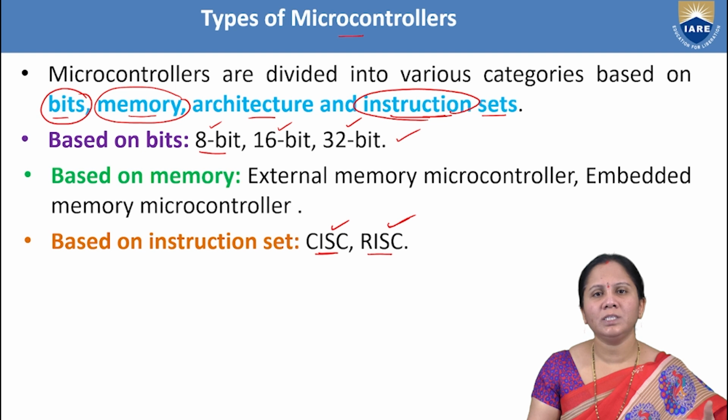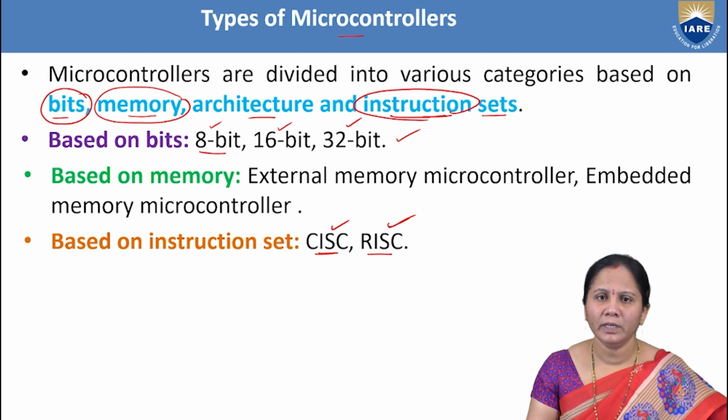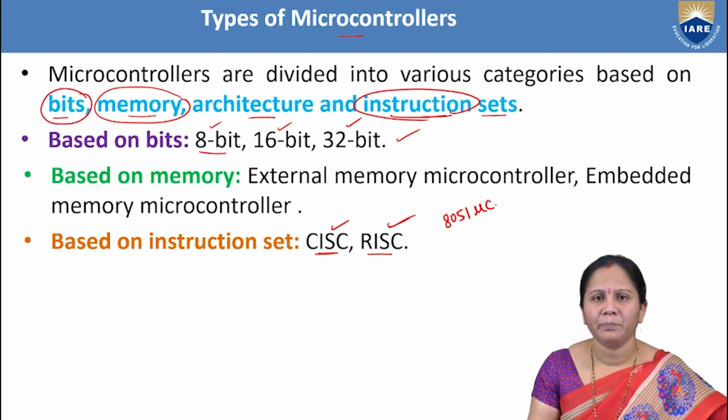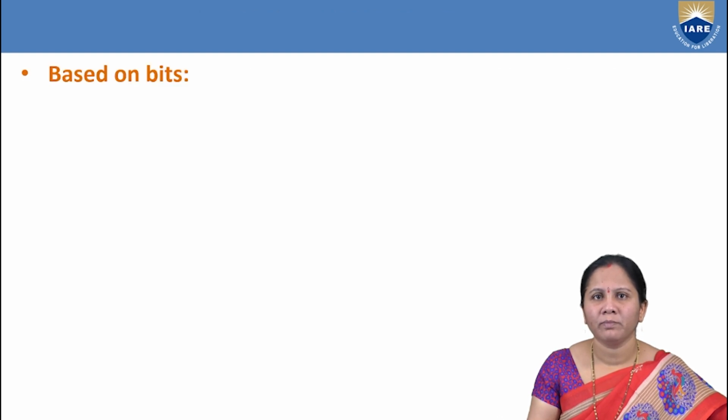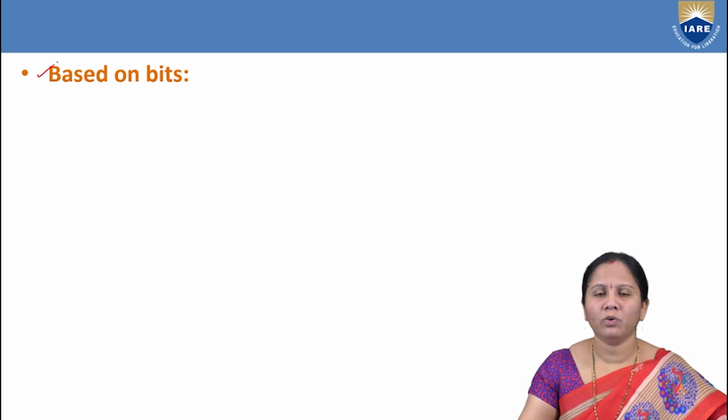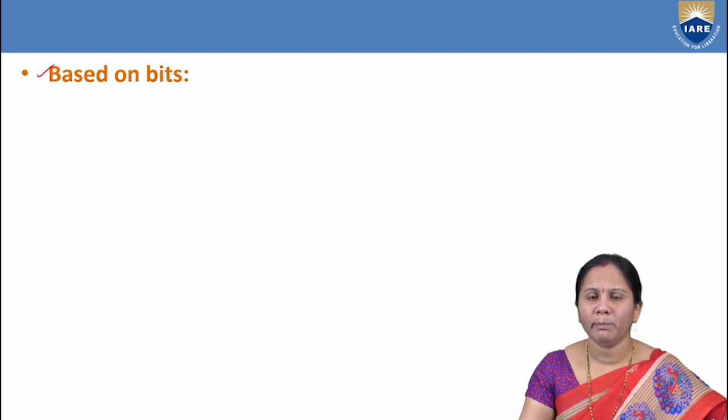So based on all these categories, the microcontrollers are divided into different types. We have many microcontrollers, but among all of them, here we are going to learn in detail about the 8051 microcontroller. Based on bits, we have to talk about the 8051 microcontroller.